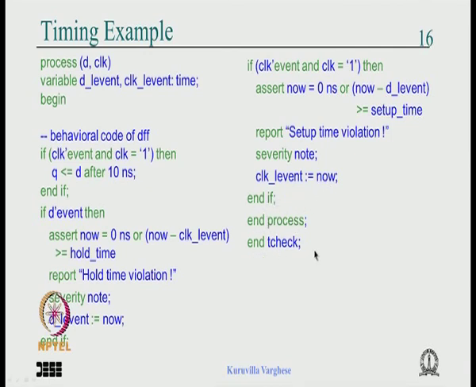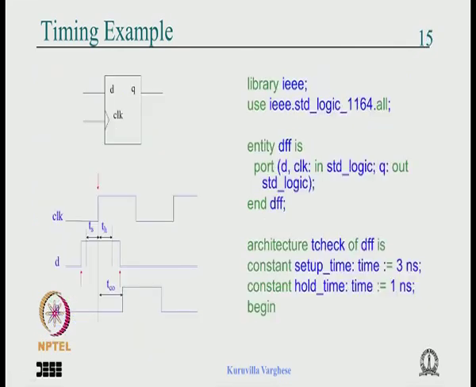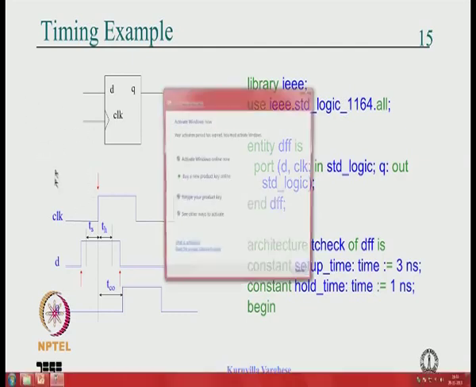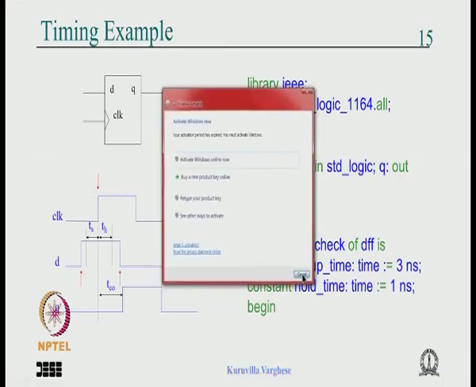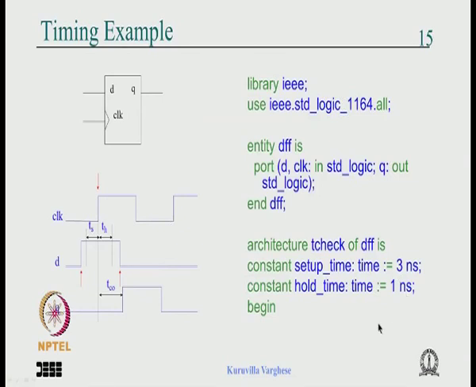So it is done. If you give this code and simulate, assigning some clock to the clock input and some input to D, then if it is violated, it will flag the violation. Or if this is interconnected to some other logic or registers and you simulate them together, this again shows the timing violation.